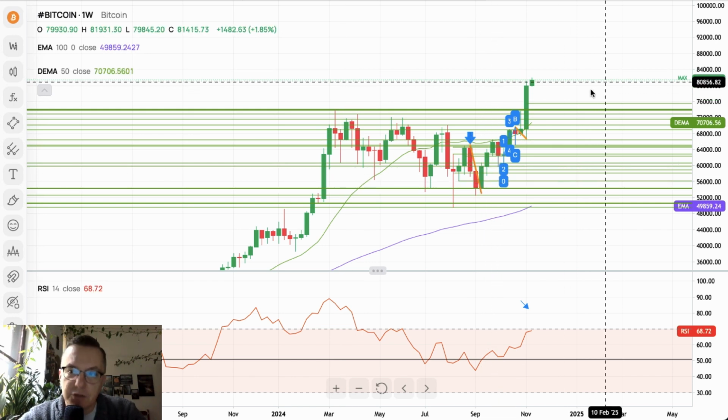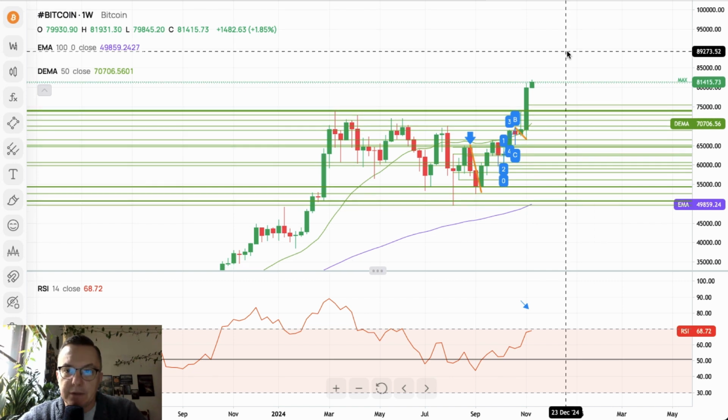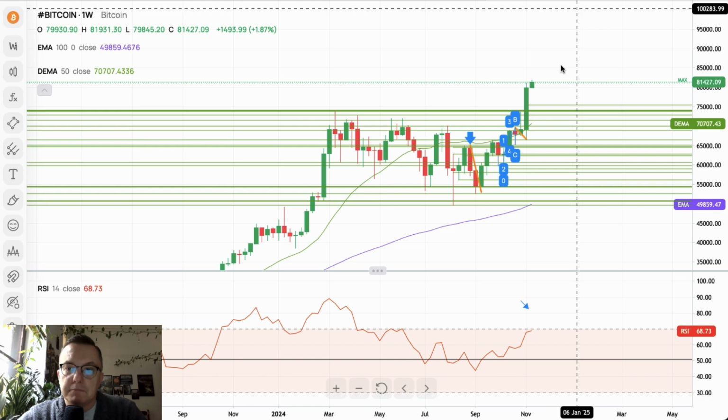So please be prepared for another surge in terms of the bull rally. First major, obvious, popular target for the bulls, $100,000.